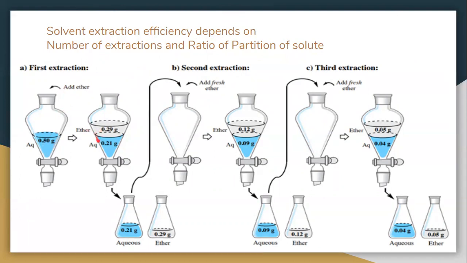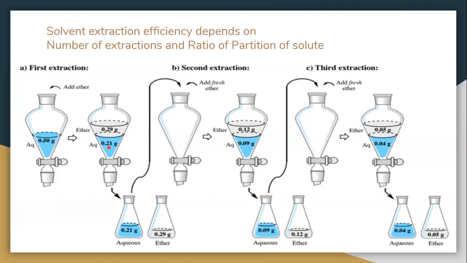Then the substance starts distributing into the ether, and after some time dynamic equilibrium is maintained. After attaining dynamic equilibrium, the amount of solute in ether and in aqueous solution does not alter. So after equilibrium, the amount of solute in ether is 0.29 grams and in water is 0.21 grams.